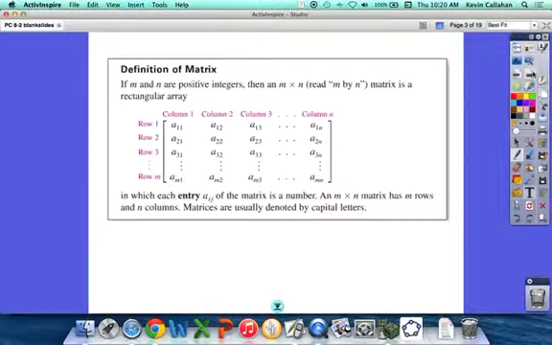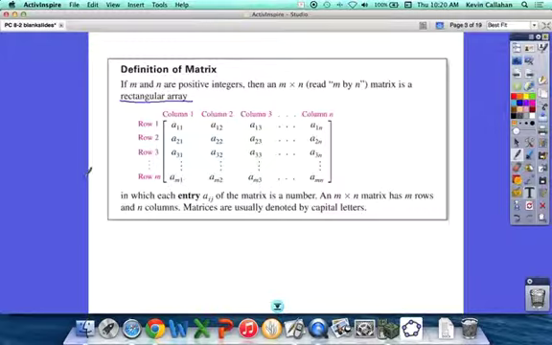The definition of a matrix is always considered a rectangular array of numbers, right? Meaning it's got a certain number of rows and a certain number of columns, and most of the time when you see it, it's got square brackets on the outside like that.